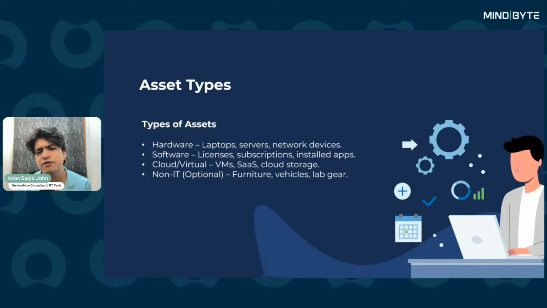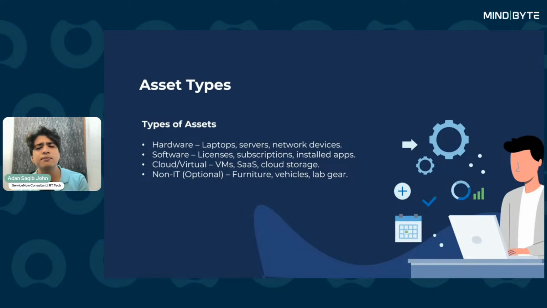This is the most familiar category. It covers everything from laptops, desktops, and servers to network gear like switches and routers. Basically, anything that's physical and tangible and a part of your IT infrastructure is stored inside hardware related tables inside ServiceNow, which is the name of that table is ALM hardware.